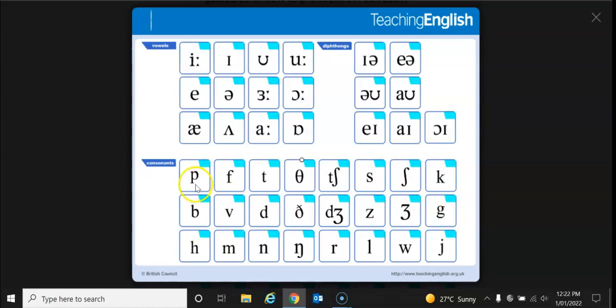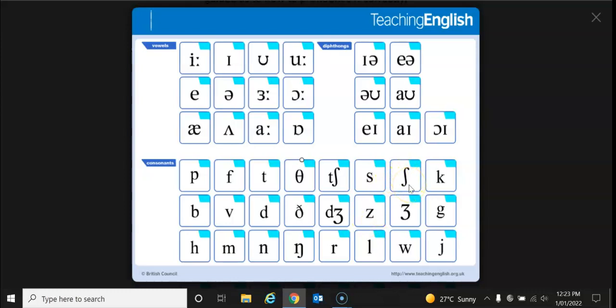These are the pairs. P, b. F, v. T, d. Th, th. Ch, j. S, z.